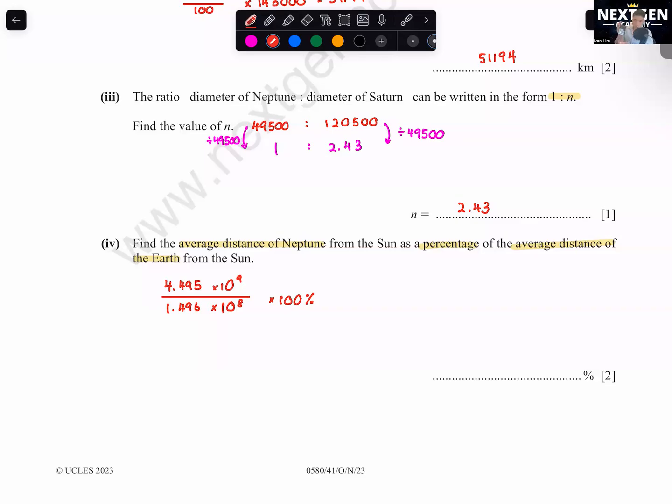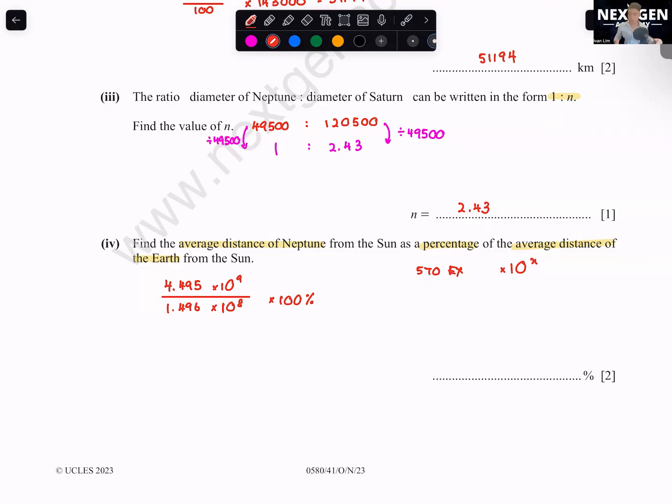By the way, do you all know how to type times 10 to the power of something? If you are using the 570EX calculator, you can use the button beside the ANS button, all the way at the bottom. This is the times 10 to the power of X button. When you type it in, you just press that button, you don't need to press power anymore. Then you press 9.